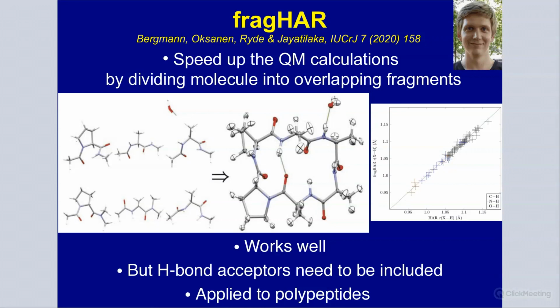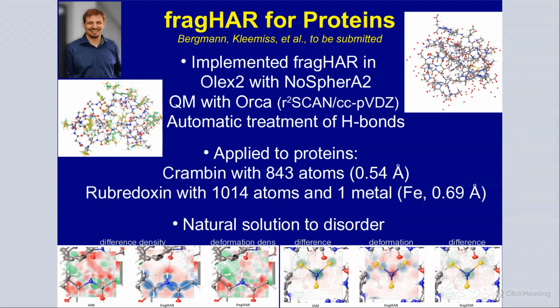And of course, I am more interested in proteins, so we wanted to develop a Frag-HAR method for proteins, and that's what we have done recently to a large extent with the help of Florian. So we have implemented Frag-HAR in the OLEX2 software with the Nosferatu method and QM with Orca as before.